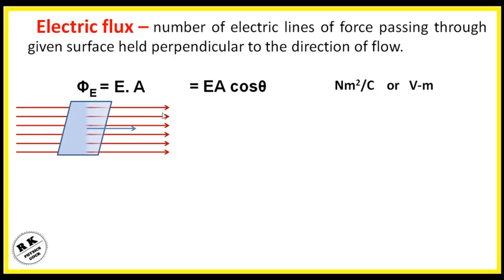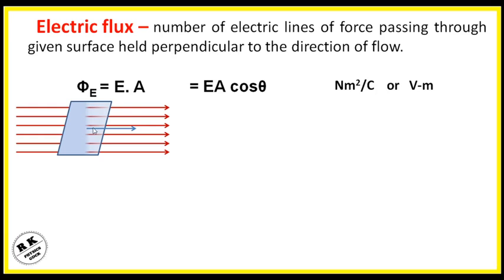These arrows will denote electric field lines, whereas this blue arrow will denote area element. We notice that in this case the two are parallel to each other. That means theta is 0. So we notice that in this case the flux will be maximum.